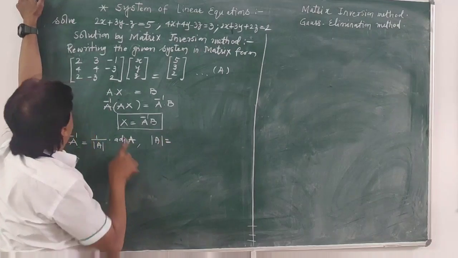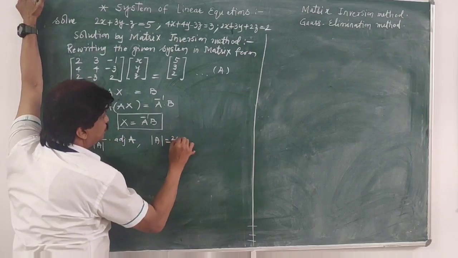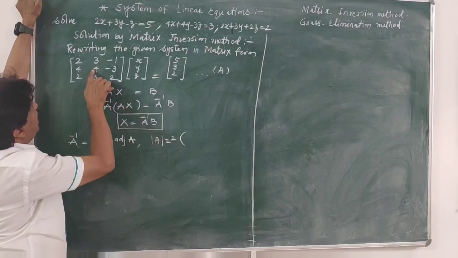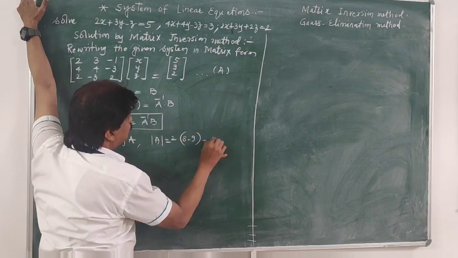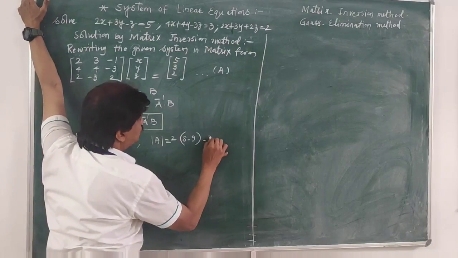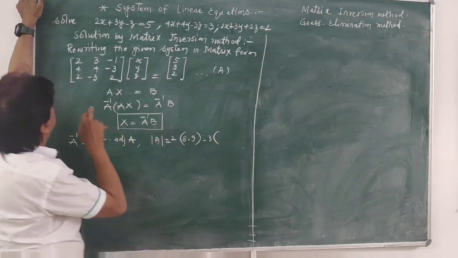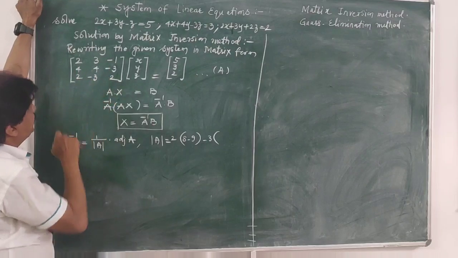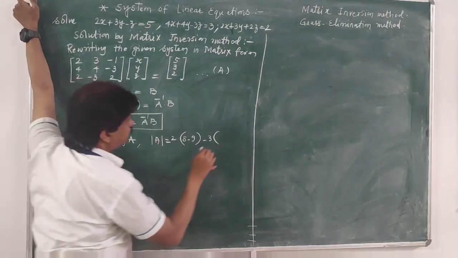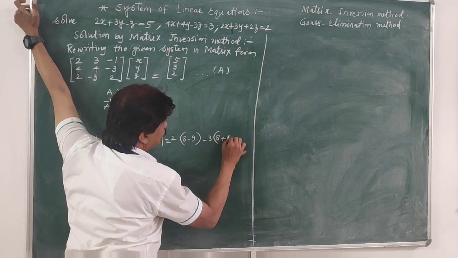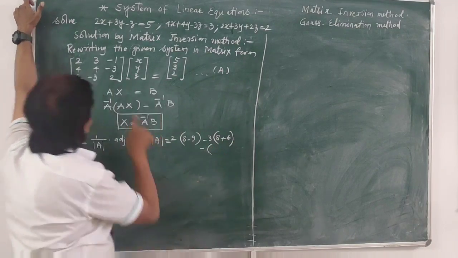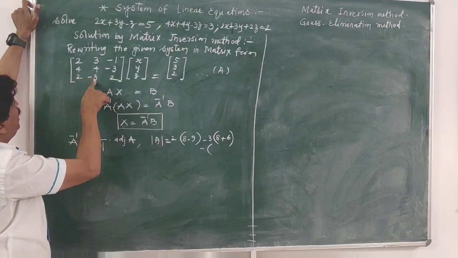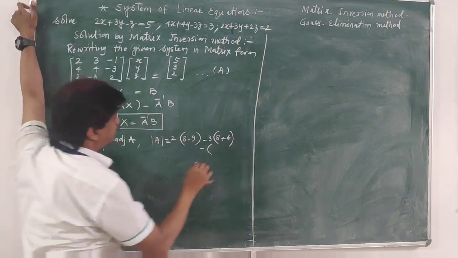The determinant of A is equal to 2 into (8 minus 9), minus 3 times (8 plus 6), minus 1 times (minus 12 minus 8).